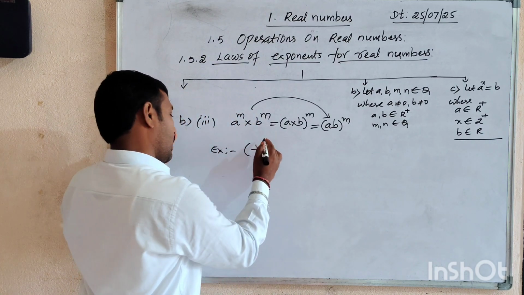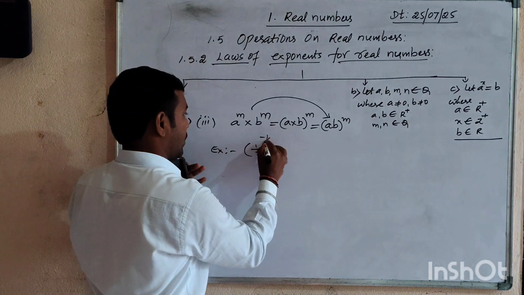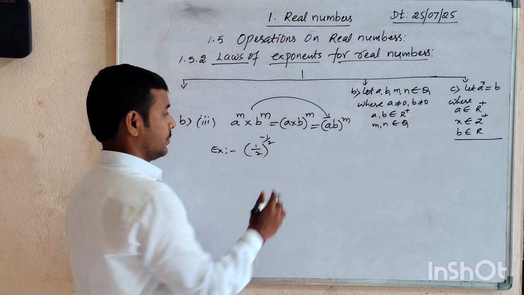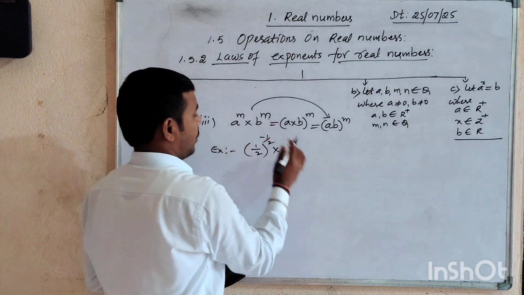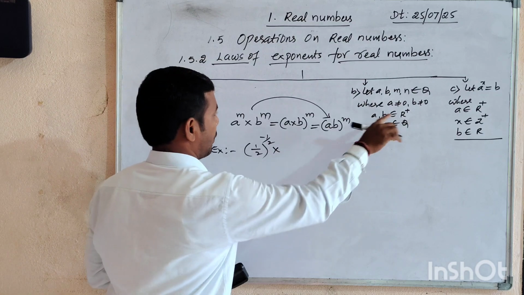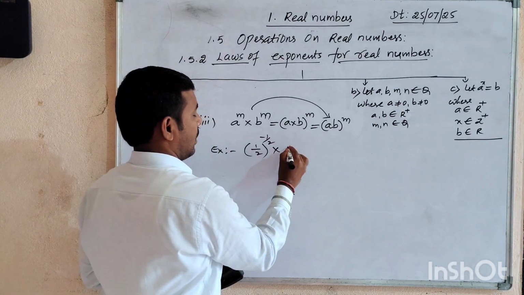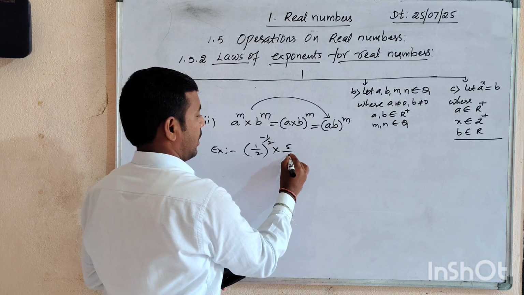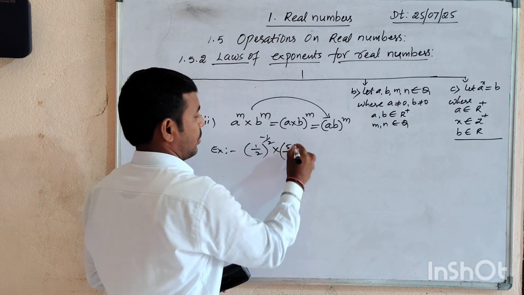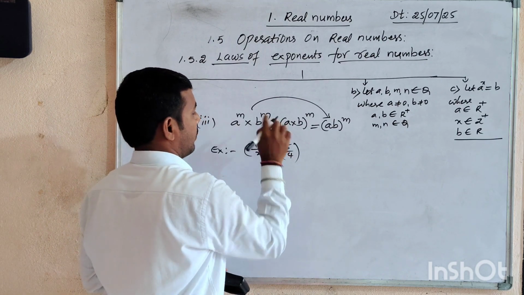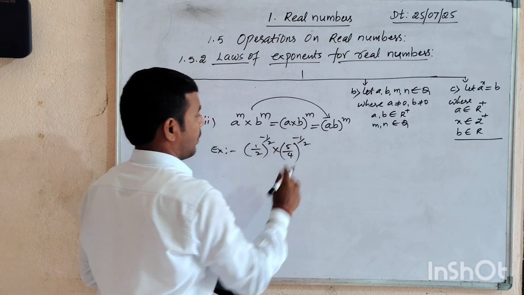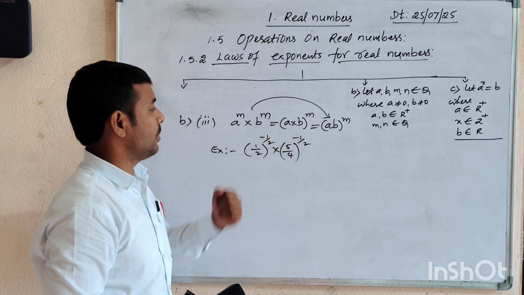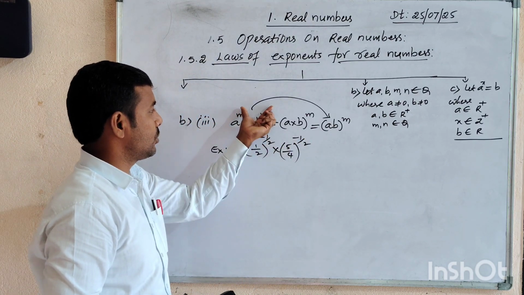Now I am taking minus 1 by 2 into b position. I am taking a positive real number, that is 5 by 4 to the power of m position. However, the exponent should be the same. The bases are different, the exponent should be the same.